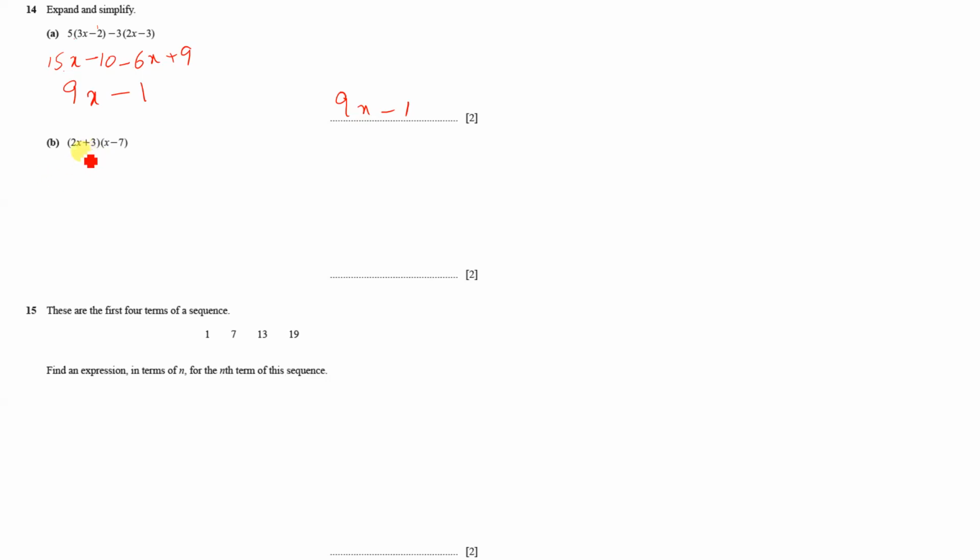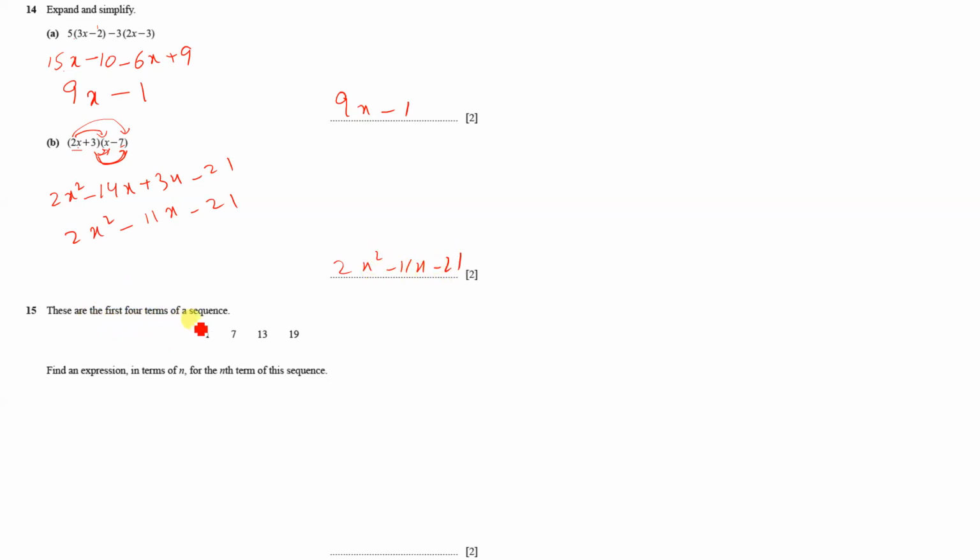And part B. So this and this, then this and this. So let's multiply: 2x square minus 14x, then 3x, and then negative 21. So this is 2x square minus 11x minus 21. So the answer is 2x square minus 11x minus 21.